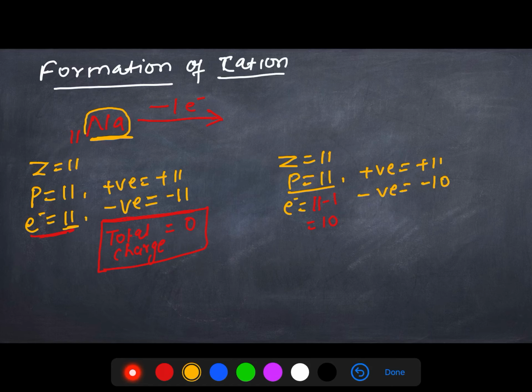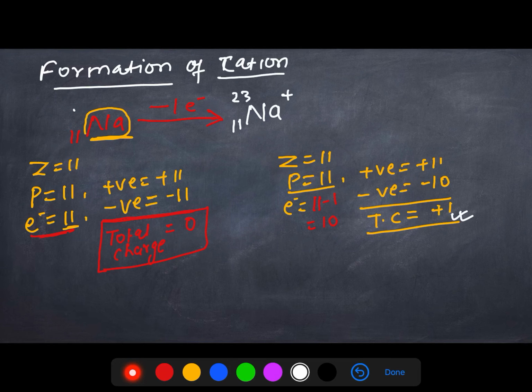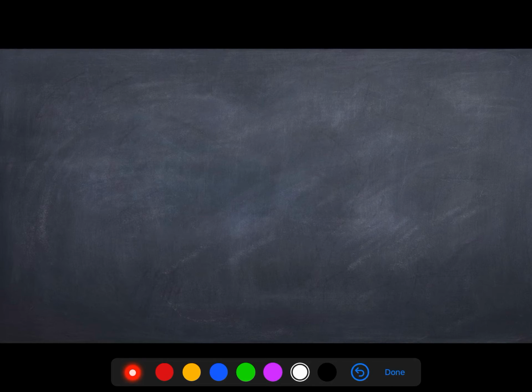We are left with just 10 electrons now. So the negative charge because of 10 electrons will be minus 10. Let's calculate the total charge. TC over here is the total charge. We get plus 1, right? So this charge will reflect over the atom as Na plus, or Na plus 1. The atomic number remains the same, the atomic mass remains the same. Correct? So what happened here? The sodium atom formed a cation, right?